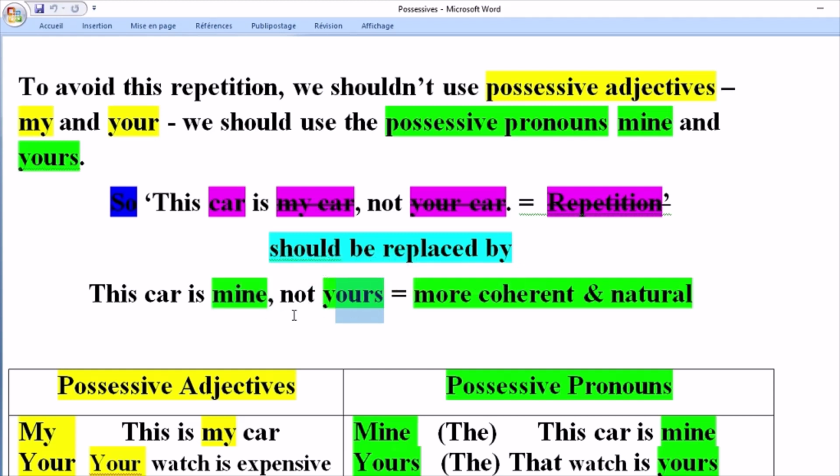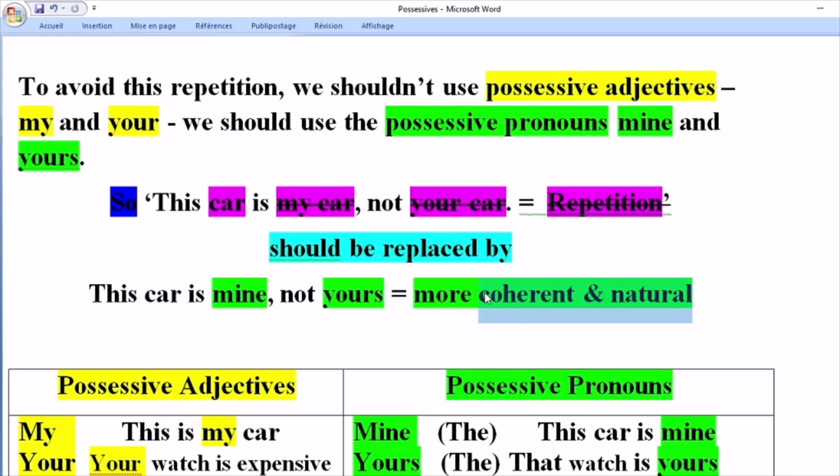So here we use the possessive pronouns in order to avoid repetition, and the sentence becomes more coherent, more logical, more natural.